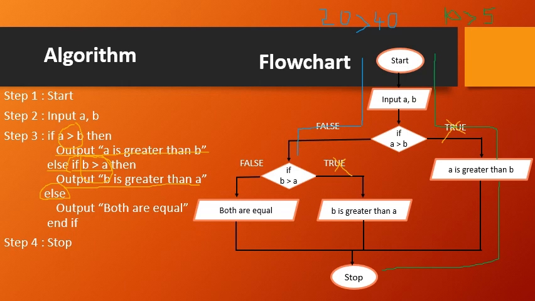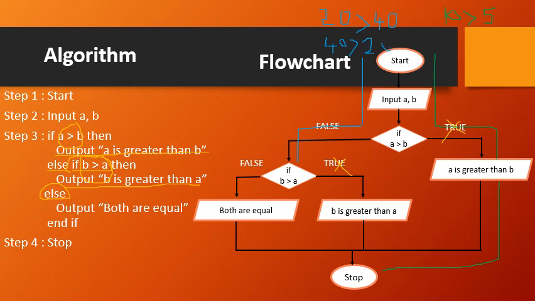Then it comes to the next condition. So what is the next condition here? If B greater than A. B here is 40. So is 40 greater than A? A is what? 20.